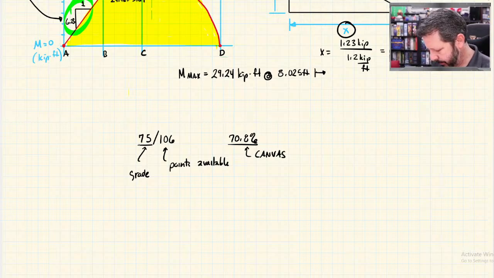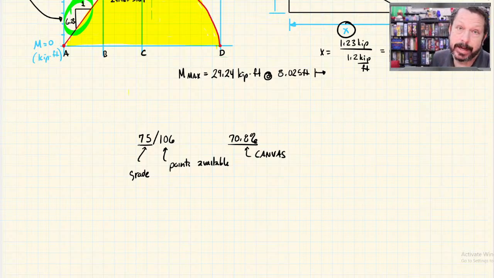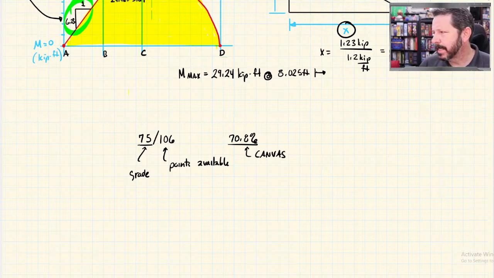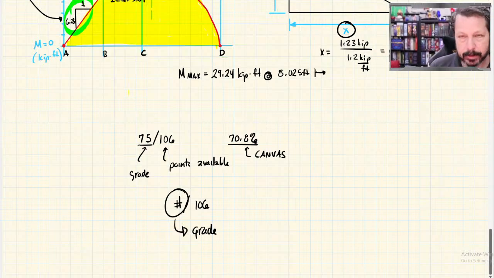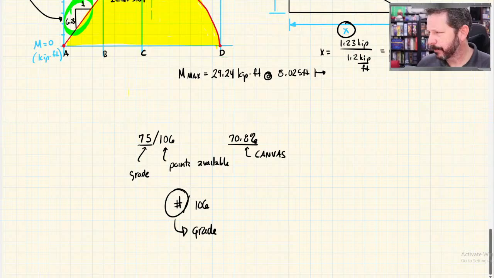Hopefully that makes sense. I just don't know how Canvas is showing you your grades. If I see a number out of 106, just take that number. So if Canvas shows you some number out of 106, that number is your grade. Don't divide by 106 to get a percent.